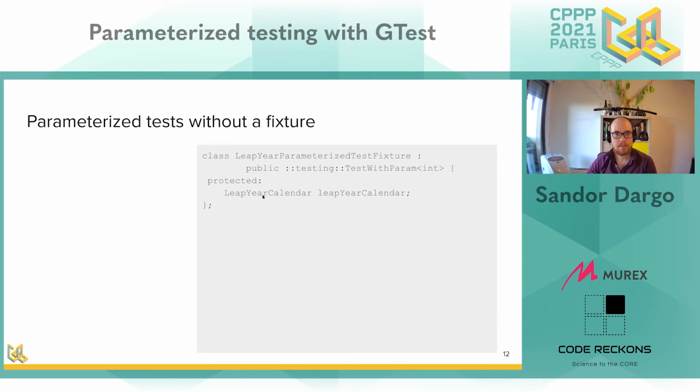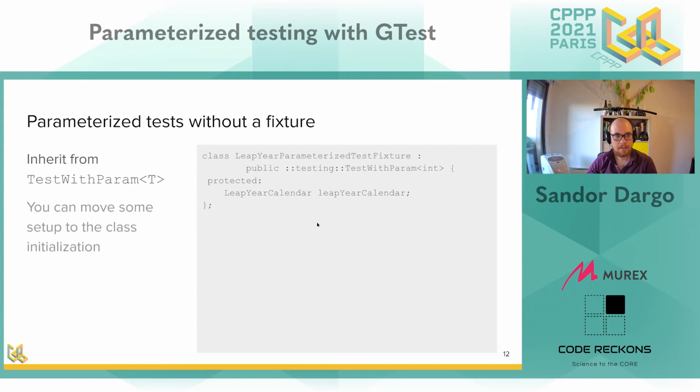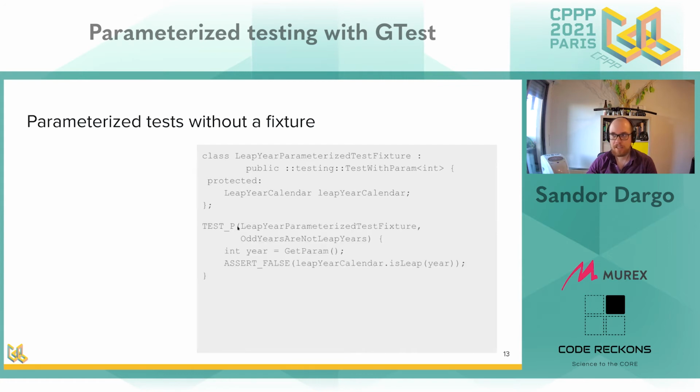In this case, the leap year calendar, although we will see it doesn't really matter where you put it in this case, because we'll have only one test case that we instantiate many times with different values. So we inherit from this TestWithParam<T>, and then we have to write our test case.